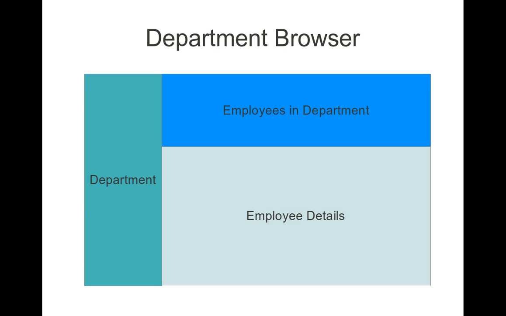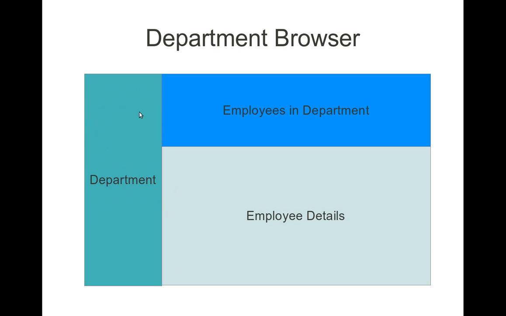So in this second screencast, we will be using those artifacts to develop a simple web application. Specifically, we will be developing this application, which is called a department browser. Our web application consists of one web page, which on the left hand side has an area called department, which allows us to browse the departments.